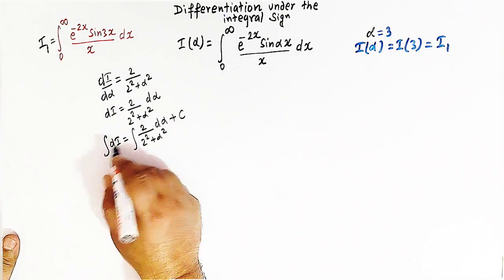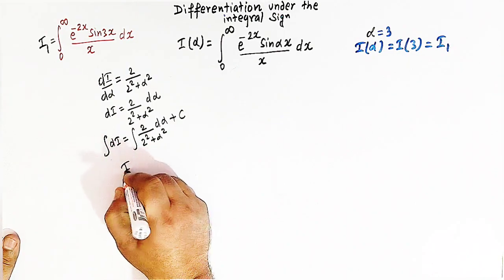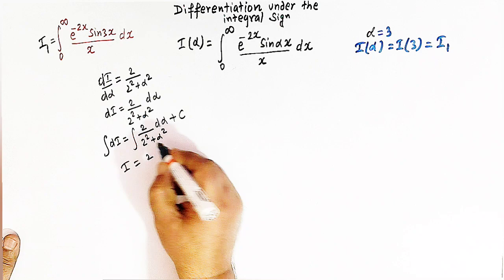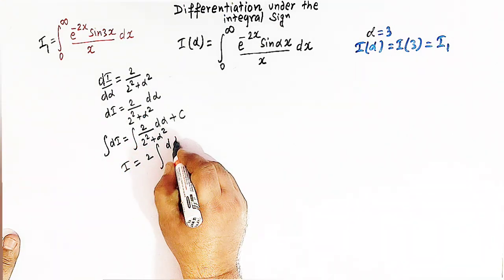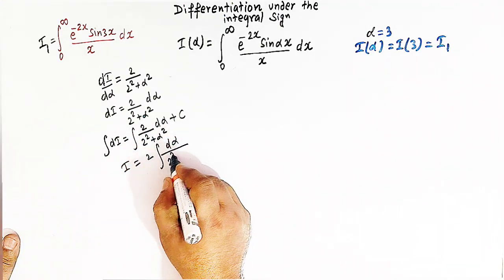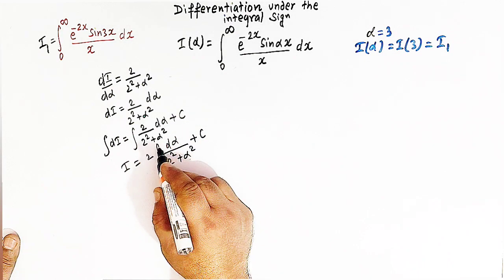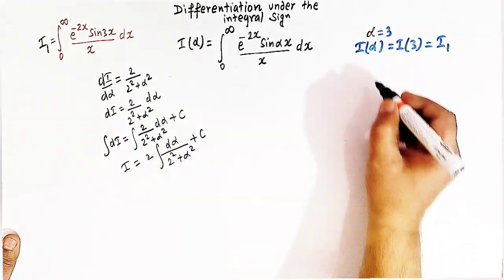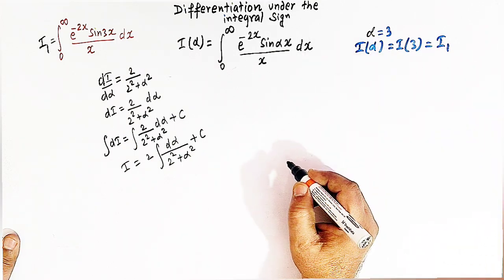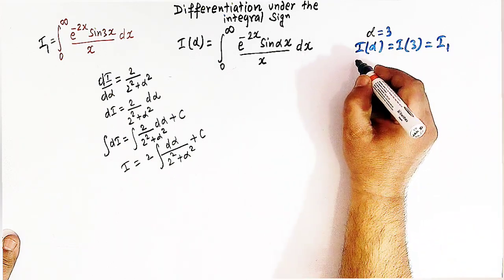So now the integral of di is simply I, and here we can take 2 outside the integral. We have d alpha over 2 square plus alpha square plus c. Now to get the value of this integral, again we'll make use of a standard result.